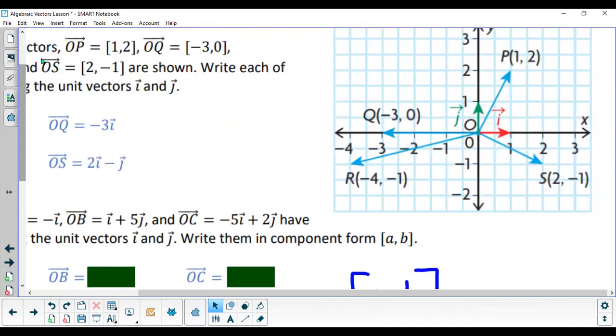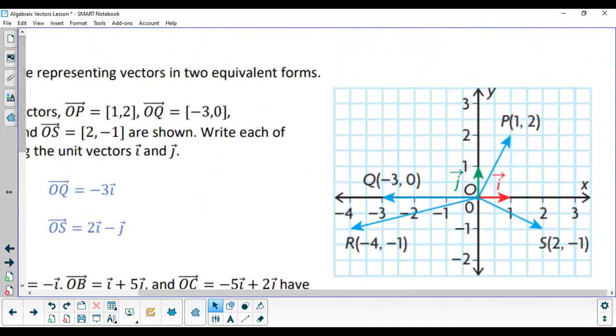But for the vectors over here, each of these points represent the tip. And if I were writing them when we were given them in component form, those points at the tip are actually written in enclosed brackets, and that makes them algebraic vectors in component form, okay?